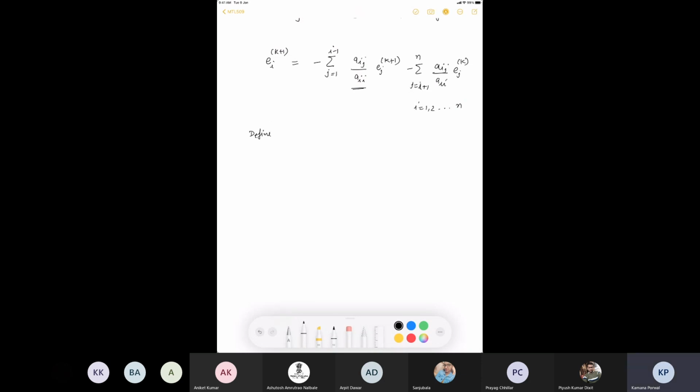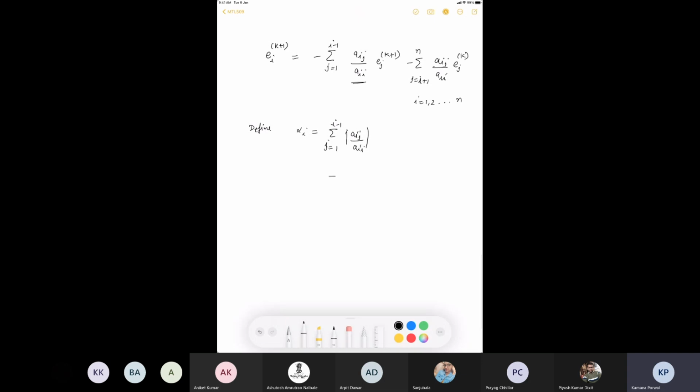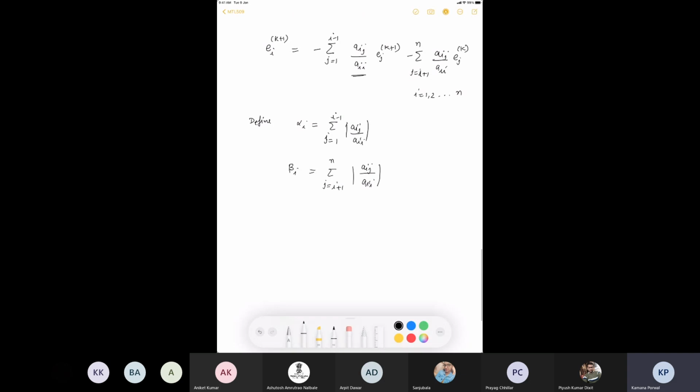I want to define this factor aij divided by aii, with the sum from j is equal to 1 to i minus 1, and we are going to call this alpha i. And then let's consider the sum from j is equal to i plus 1 to n of aij divided by aii. Let's call this beta i, because note that we have a sum over j's, right?